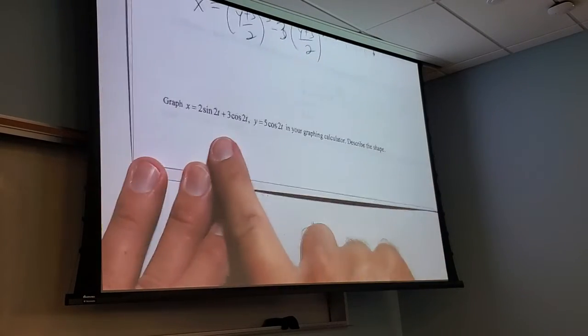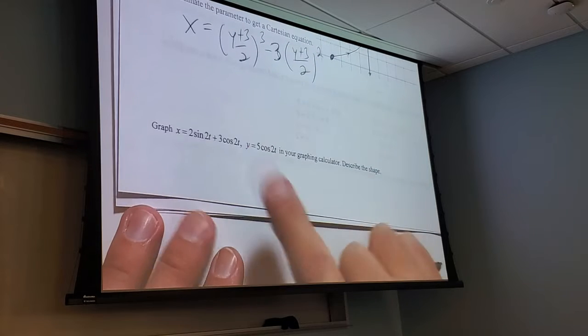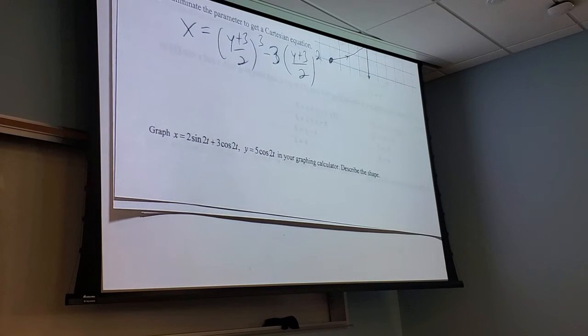Everybody try to do this one. Everybody should be set in parametric now, right? Try to do that in the old graphing calculator. Let's see what that looks like. Should be nice and funky.